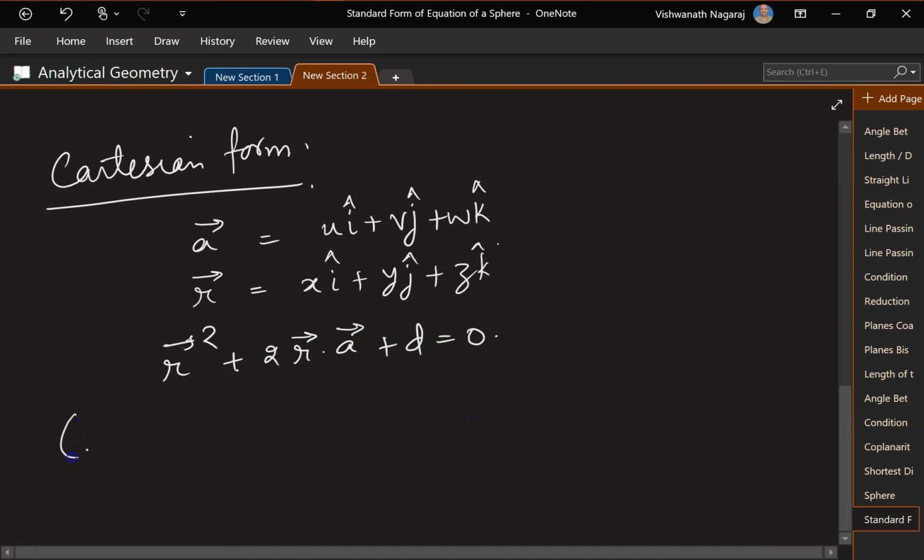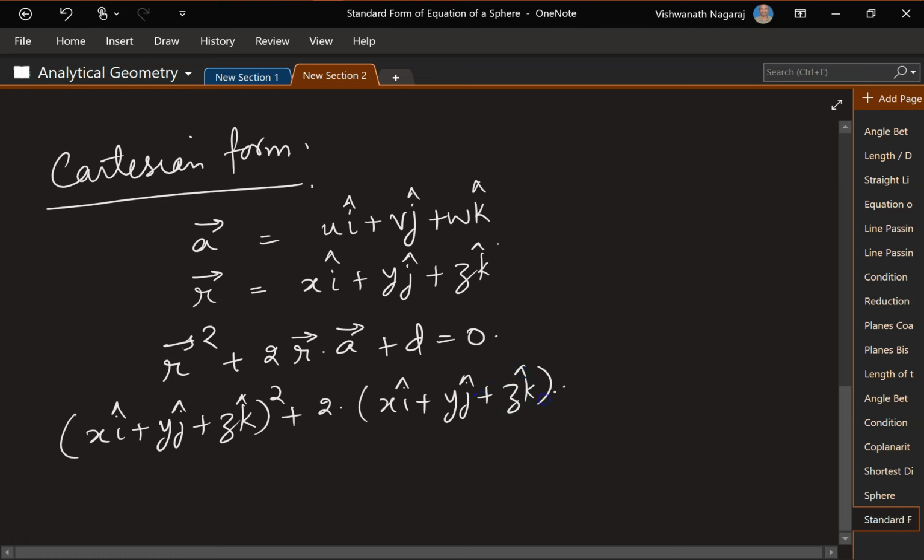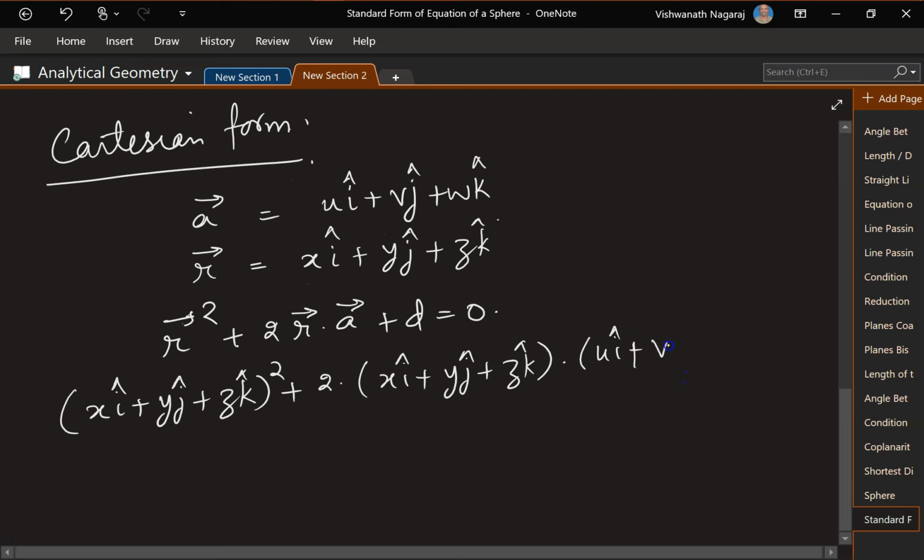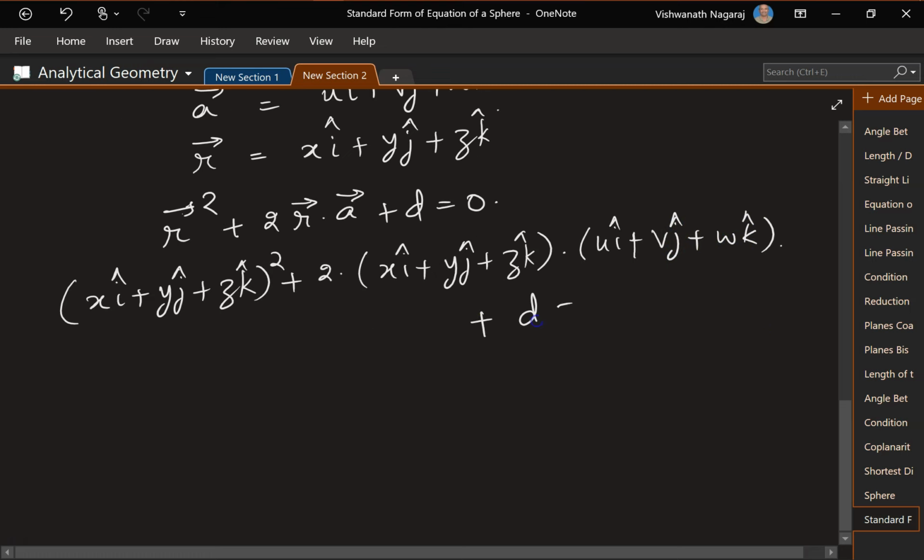So if we do the substitutions, xi plus yj plus zk whole square plus 2 times xi plus yj plus zk dot ui plus vj plus wk plus d equal to 0.